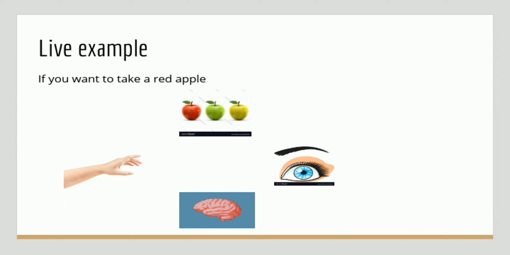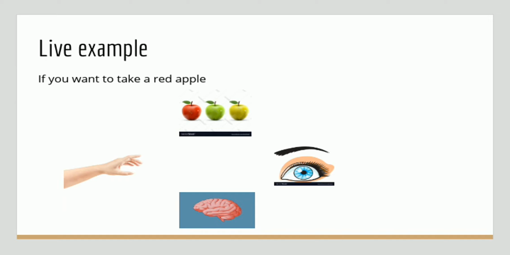Our brain will calculate which is the red apple in that set of three. Then after the calculation, my brain will give an instruction to my hand: take that first apple, that is the red color. My brain can take that object and calculate which is the red apple on its own.